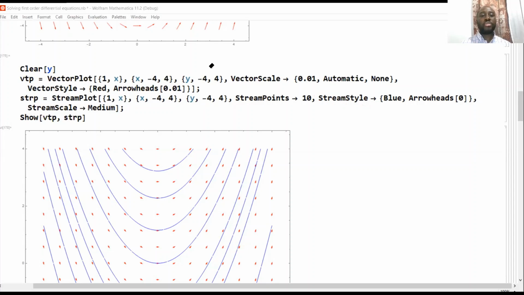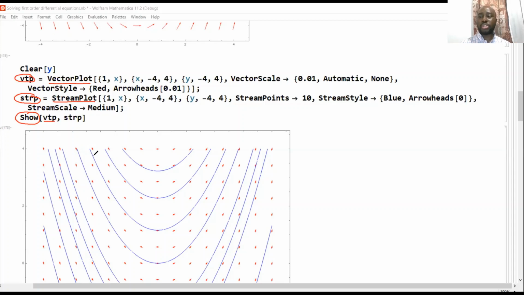Now, these solution curves are separate from the slope fields. The picture I'm showing you here, I have superimposed the solution curves on the slope fields. The way to do that in Mathematica, if you have 2 different plots and you want to superimpose them, is to use the Show function. Notice that here I set my StreamPlot to this function strip, and then I set my VectorPlot to be equal to this function VTP, and now I'm showing VTP and strip.